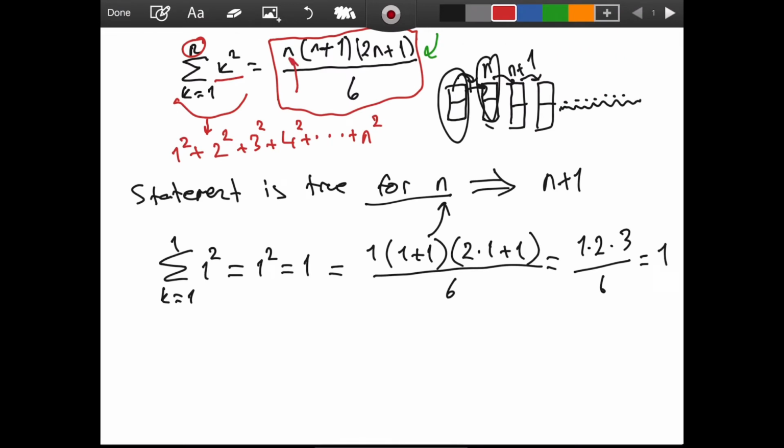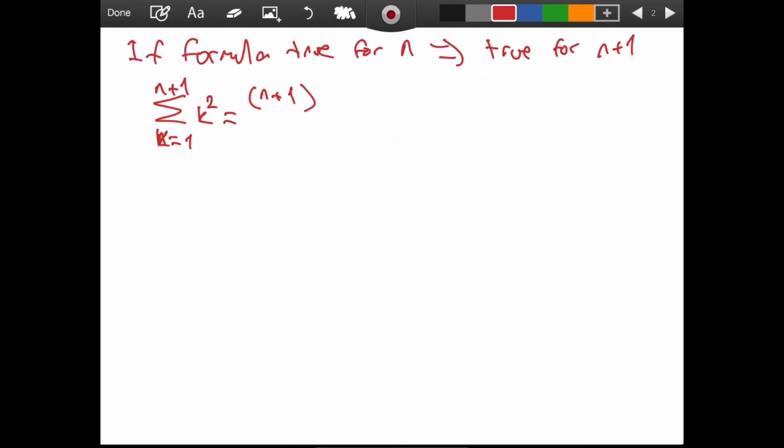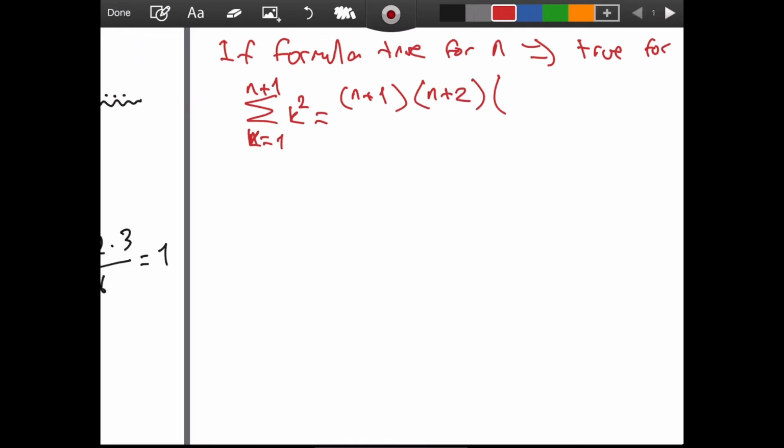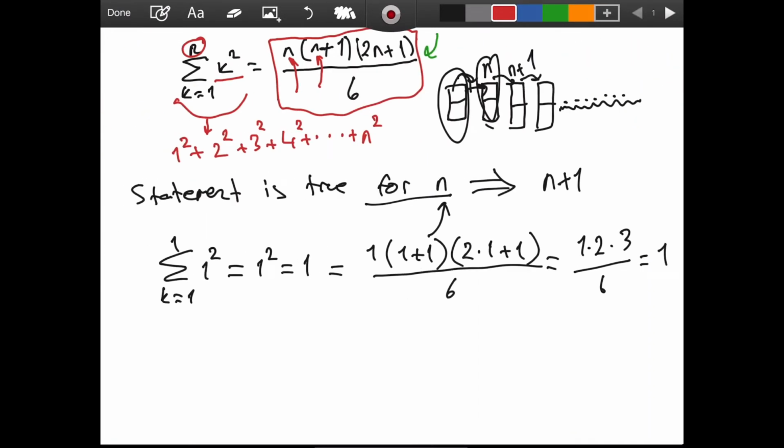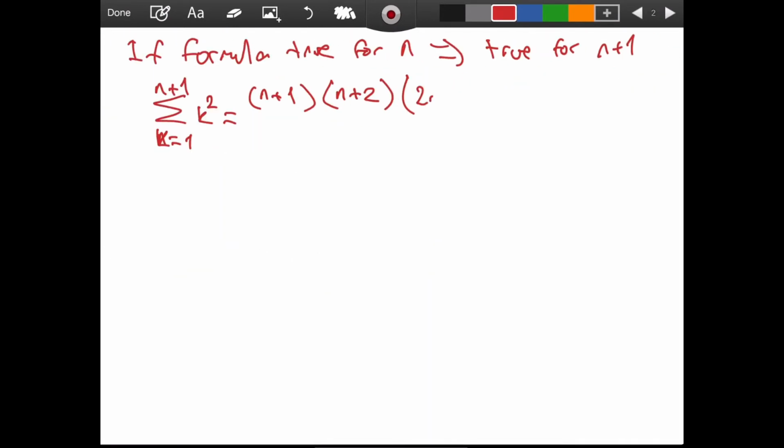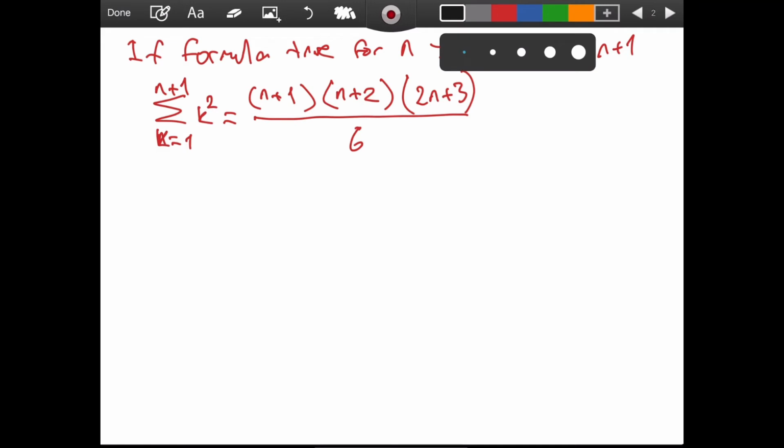So for this n, I will write n plus 1, which will make it n plus 2. And for the other parentheses, I will write n plus 1, so we have 2n plus 2 plus 1, which is 2n plus 3, over 6.